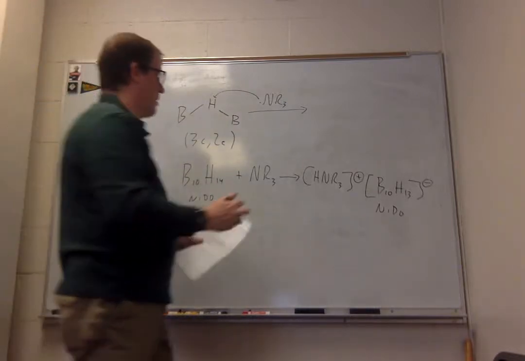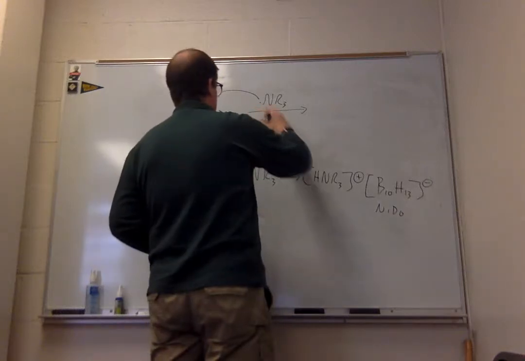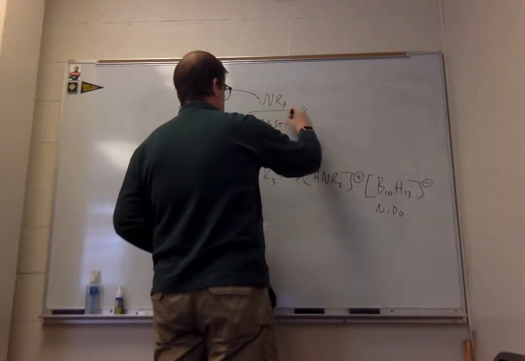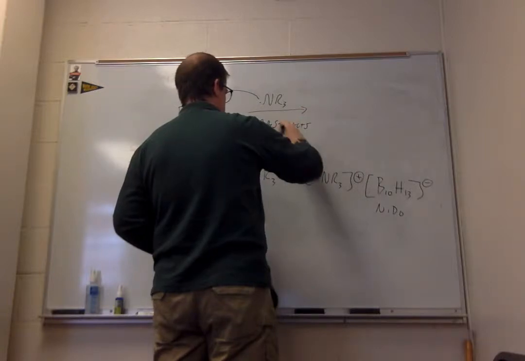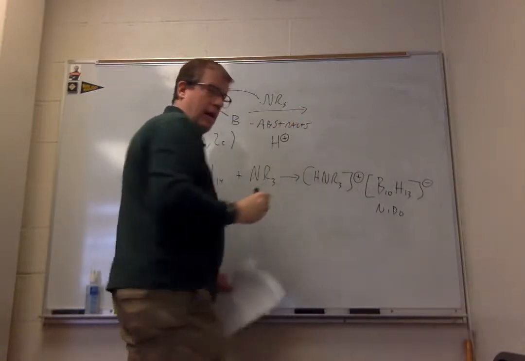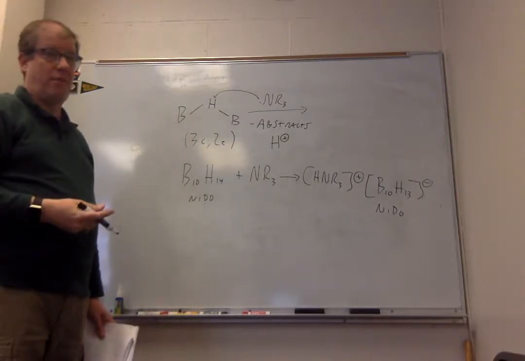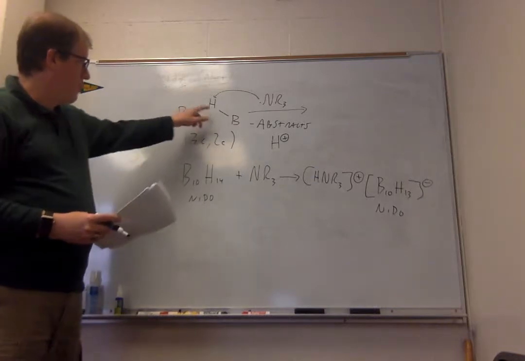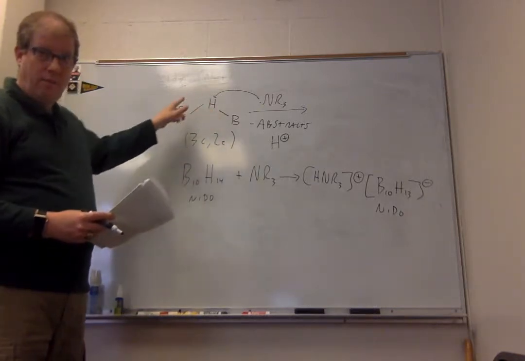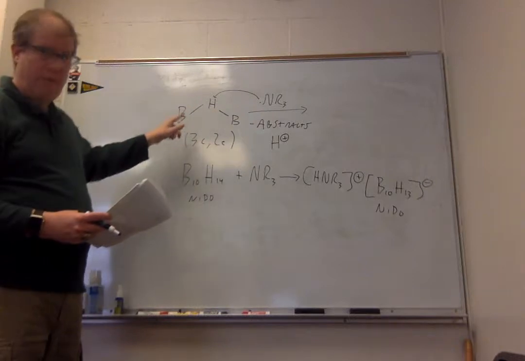Because you're abstracting H+, a proton. How many electrons does a proton have associated with it? 0. So there were 2 electrons in this 3-center 2-electron interaction.